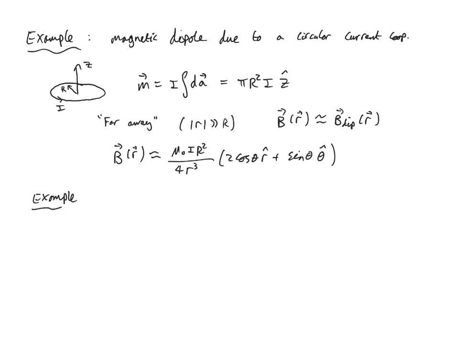As another quick example, let's think about a spinning charged ring. Now, if we have a ring with some charge on it and it's in motion, the moving charges constitute a current. So if we have a ring that's spinning, that's like a current flowing, and it's actually exactly the same configuration as the one we just did. So here we have a wire loop with, let's say, charge density lambda.